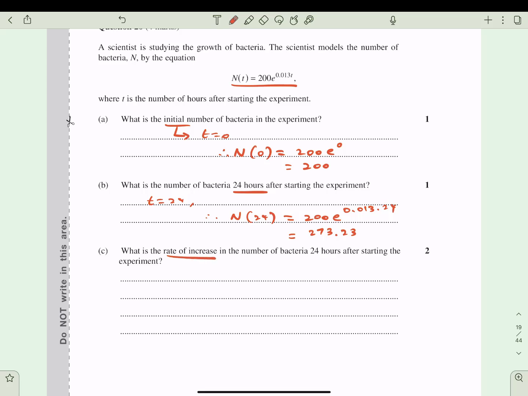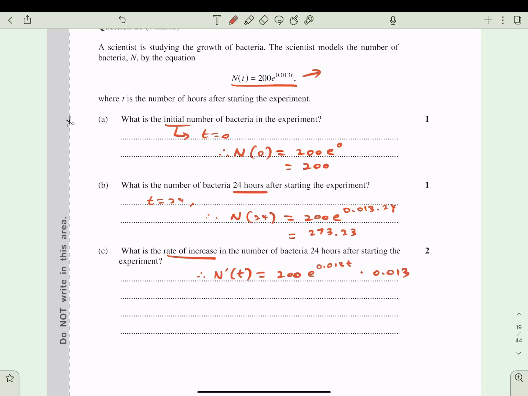Okay. Part C. What is the rate of increase in the number of bacteria 24 hours after? So, when we deal with rate of increase, we need to be thinking of the first derivative. So therefore, N'(t) is equal to 200. So remember, this is my original N(t) equation. So 200 times e to the power of 0.013t times 0.013 because of chain rule.